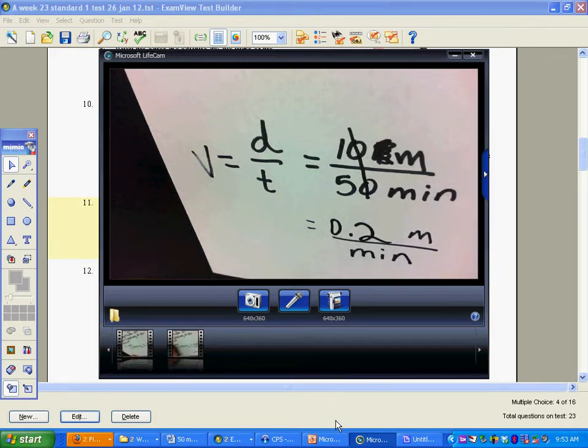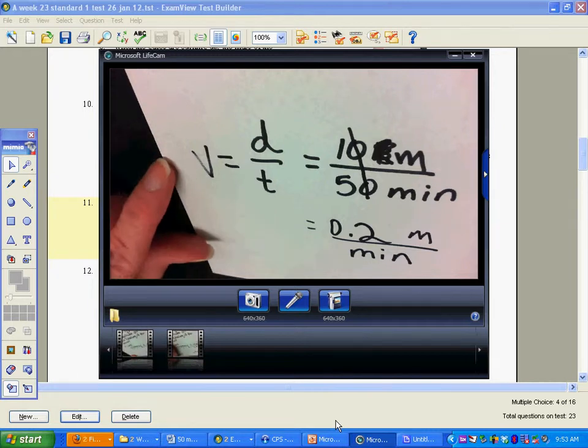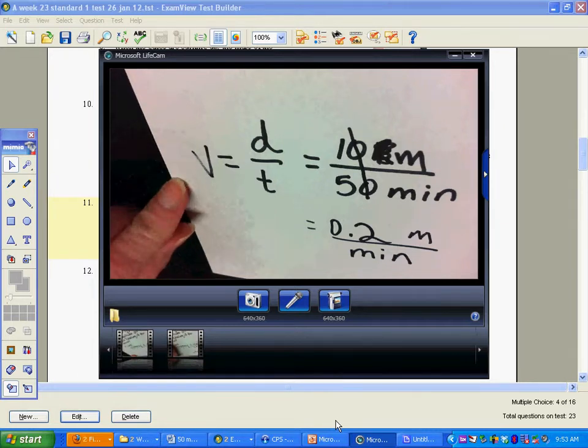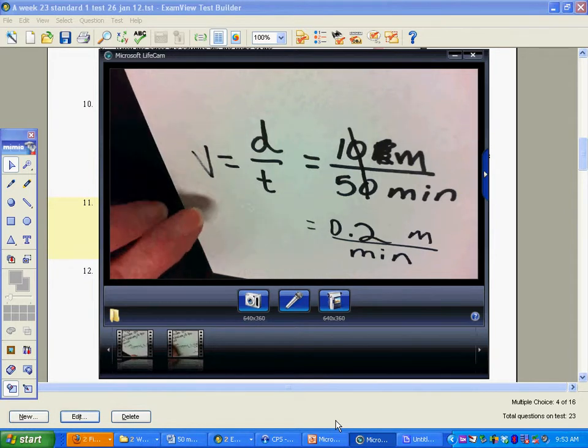Okay, now how many of you did what you did the other day and said 50 divided by 10? Did some of y'all do that? Okay, the other day I gave you this problem, and remember I kind of fussed at everybody because I said, being a physics student, you shouldn't make that mistake.